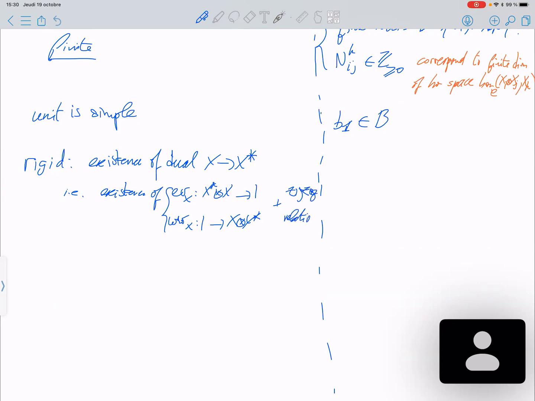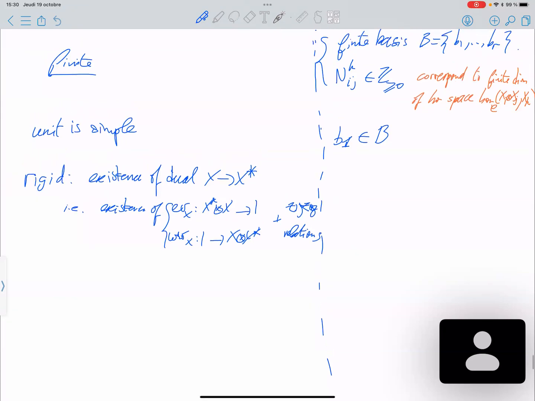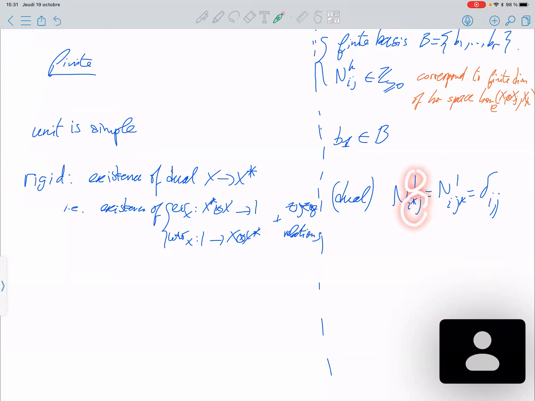Zigzag relations. So this is rigid, and this corresponds to the dual axiom at the fusion ring level, which is nothing but N_{i* j}^1 equals N_{ij*}^1 equals delta_ij. So you see i* j to 1 corresponds to that.